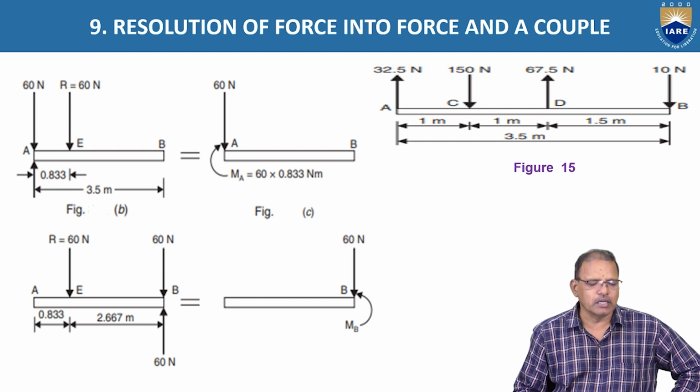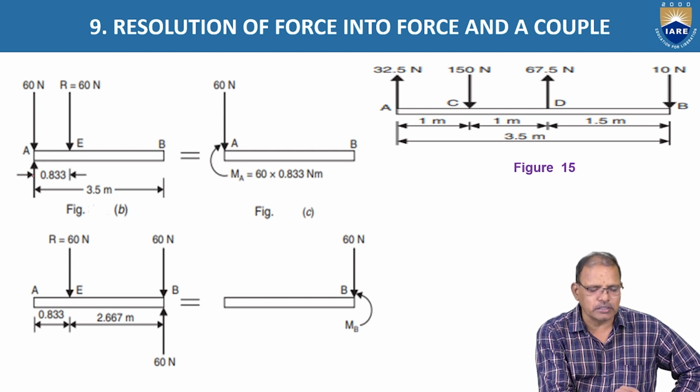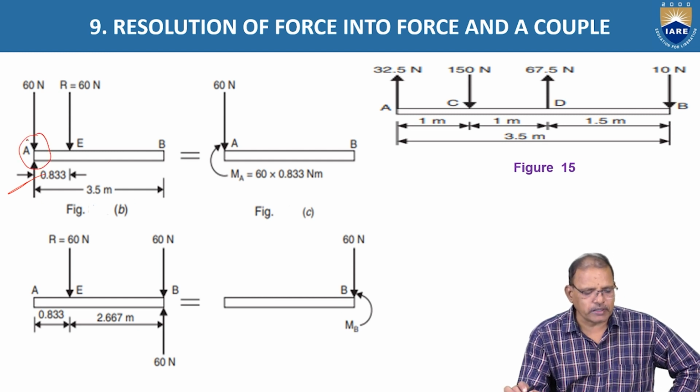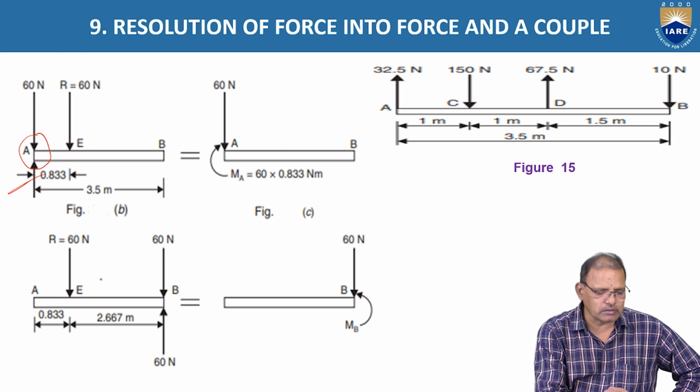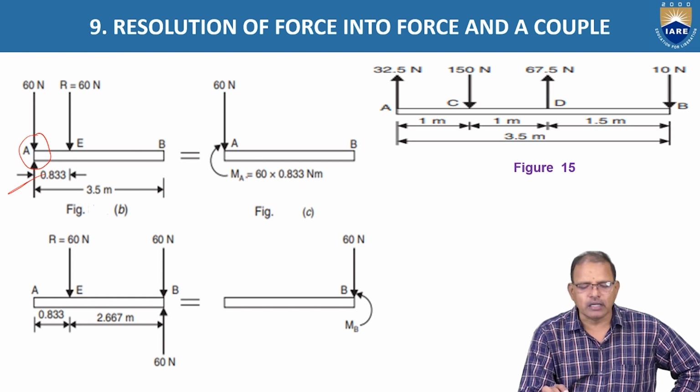Now this can be reduced. The forces acting here, these two forces tend to form a couple in clockwise direction. Hence, when we are reducing the force at point A, it can be represented as 60 newtons, and a couple equal to 60 into 0.833 acting in clockwise direction.